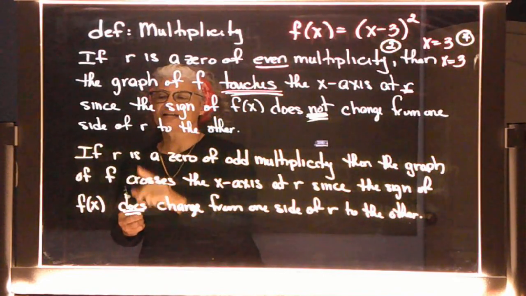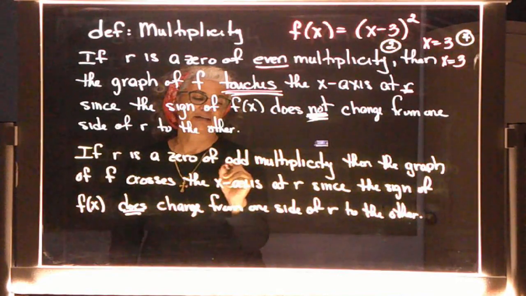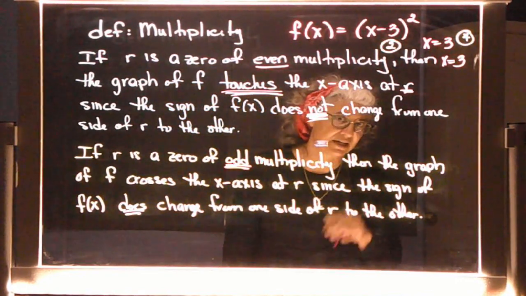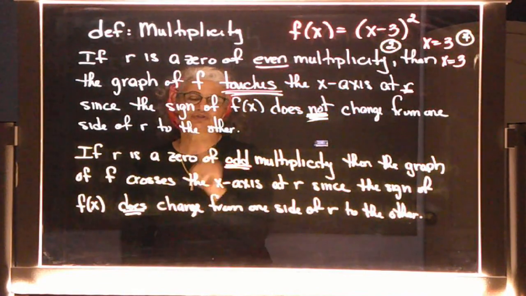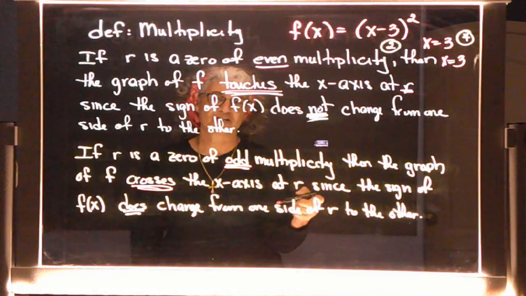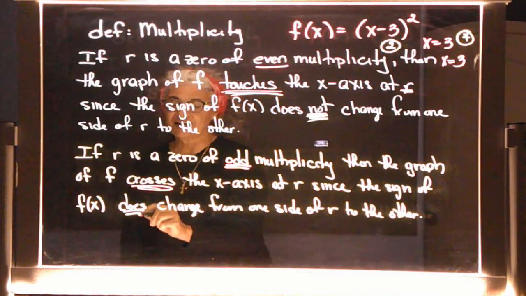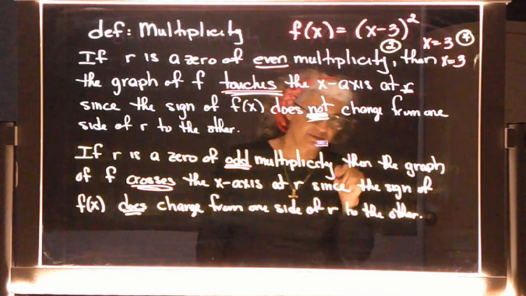Okay, let's look at the second half. The second half is saying r is a 0 of odd multiplicity. Okay, so odd numbers, yeah, 1, 3, 5, good. Then the graph of f actually crosses the x-axis at r, since the sign of f does change from one side of r to the other. Let me give you an example.